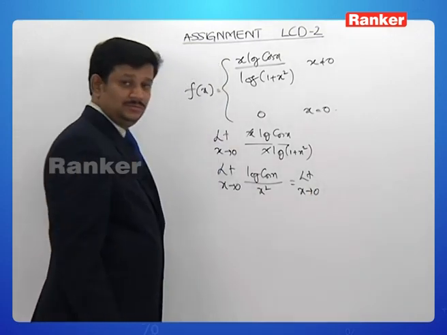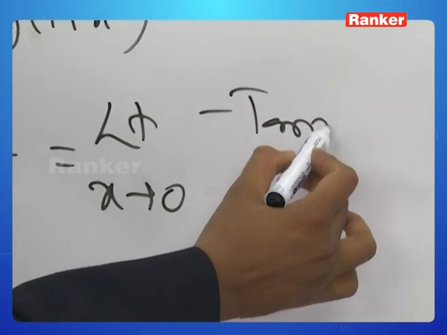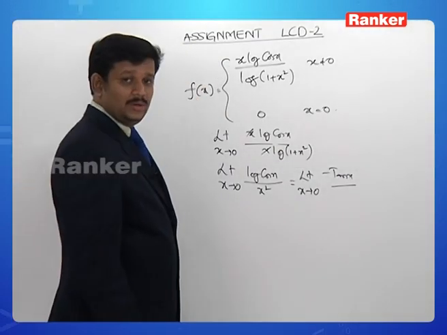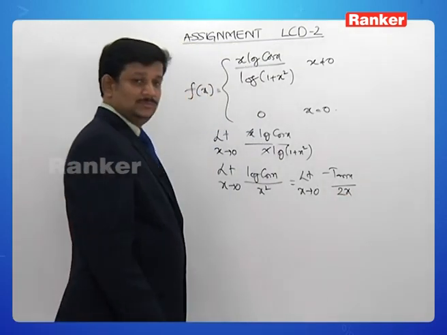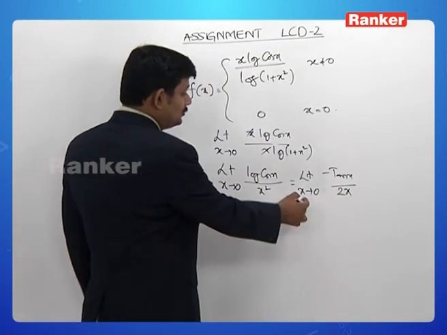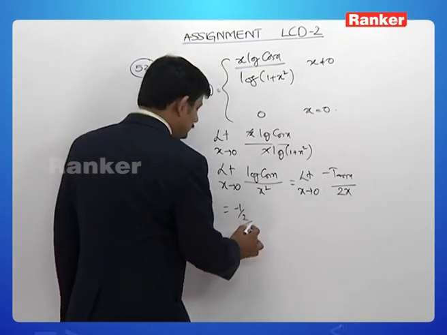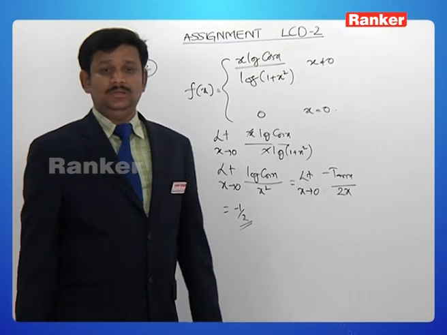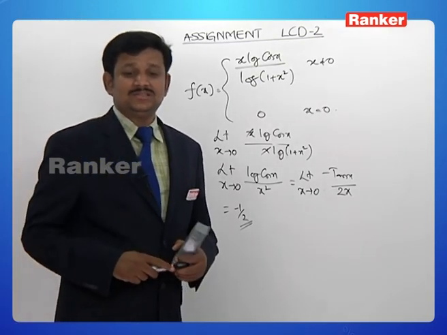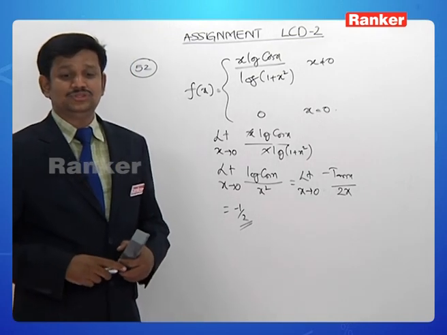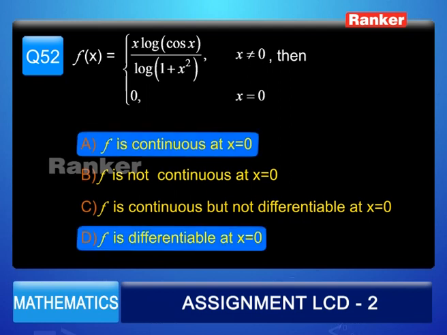Limit x tending to 0, derivative of log cos x is minus tan x, derivative of x square is 2x. tan x by x as x tends to 0 is 1. So, this limit is minus half. The limit exists and is equal to minus half. So, the function is continuous as well as differentiable at x equal to 0. So, answer is A as well as D.